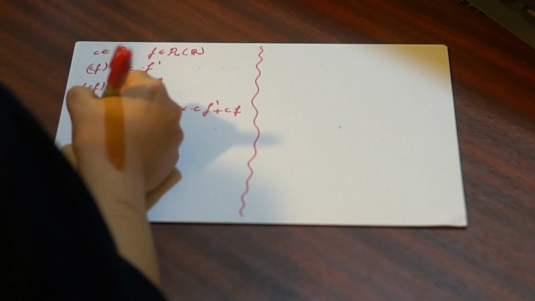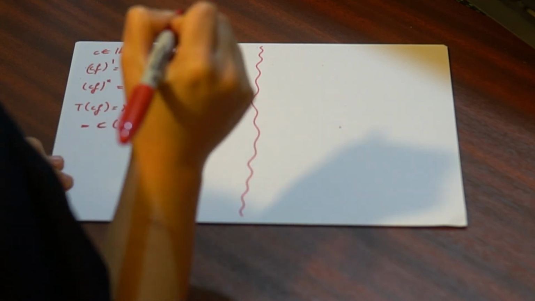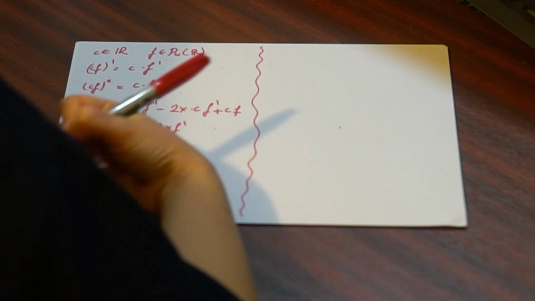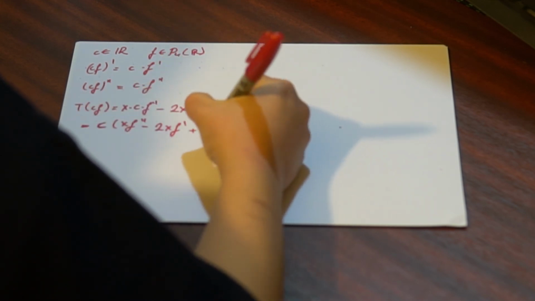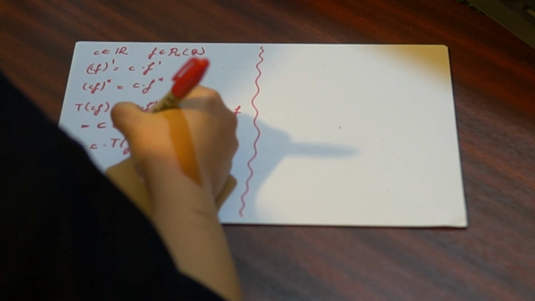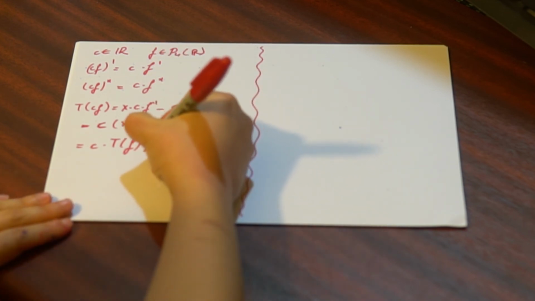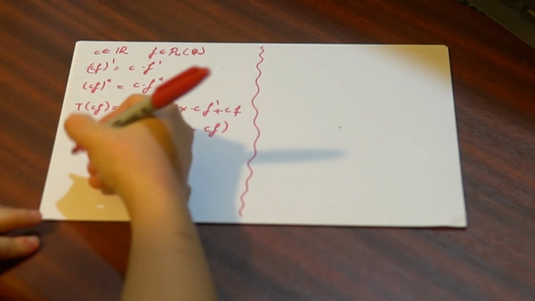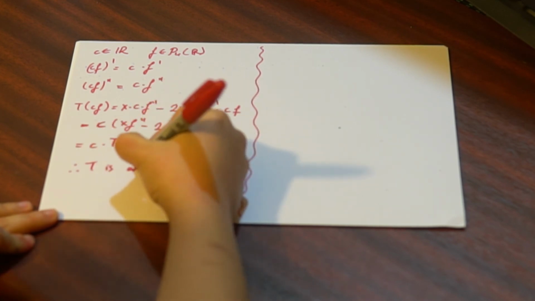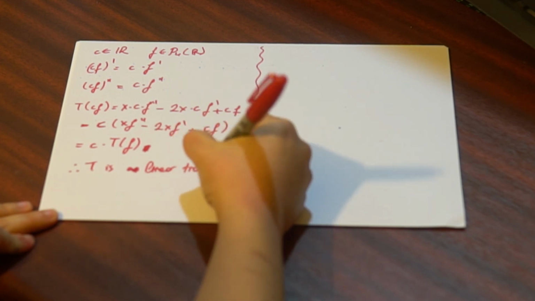If we take c outside, we will have x times the second derivative of f, minus 2x times the first derivative of f, plus f, and this equals c times T of f. So the second property is also satisfied. So T is a linear transformation.